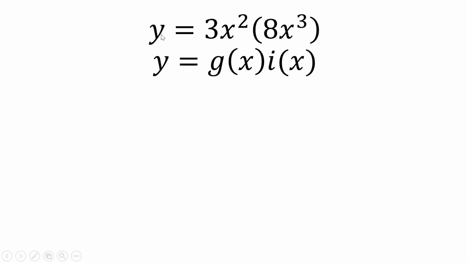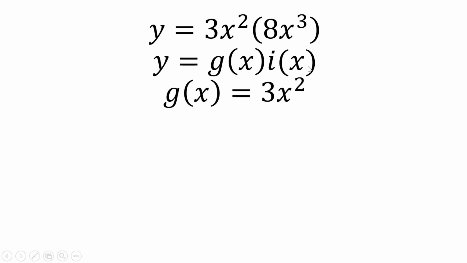We are given y equals 3x squared multiplying 8x cubed. So y can be considered as consisting of two functions, which are j of x and i of x.